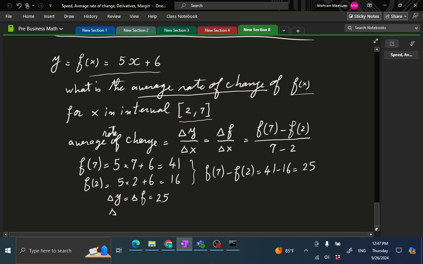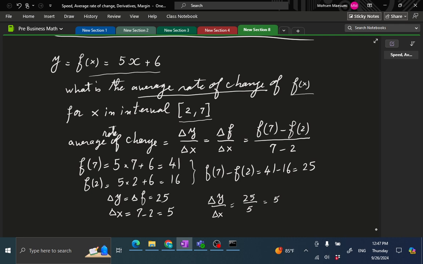How about delta x? Delta x is how much x changed. We went from 7 to 2, and this one changed by 5. The ratio of these two, delta y over delta x, it becomes 25 over 5. And that is, of course, just 5.